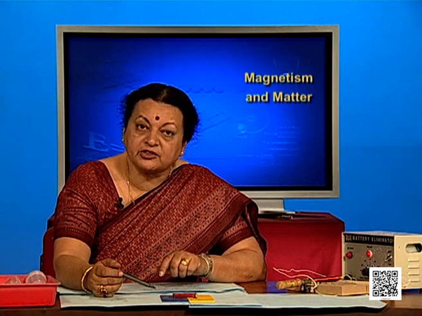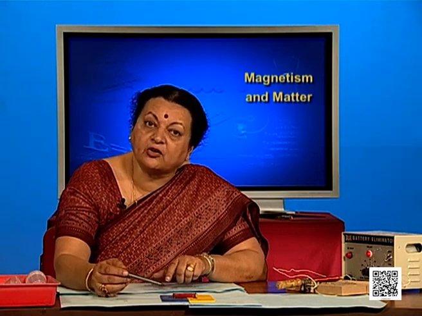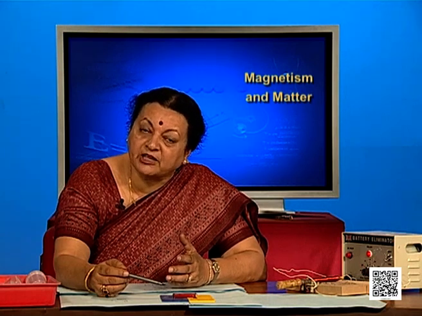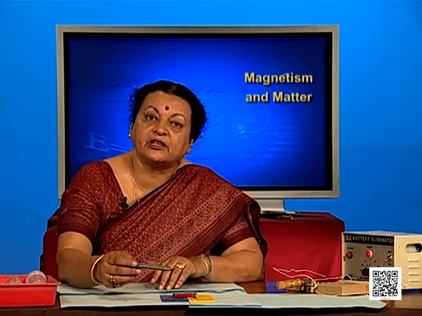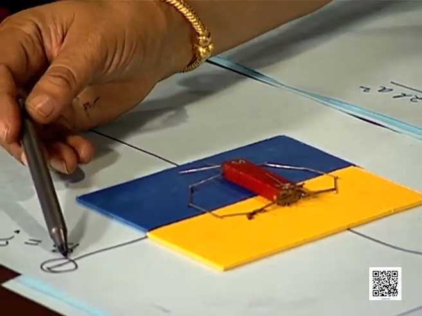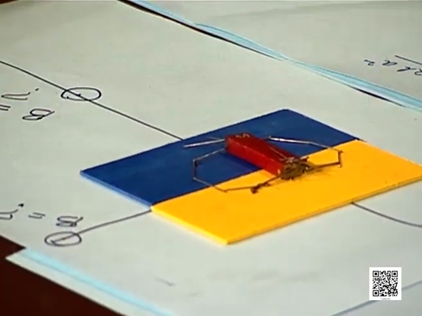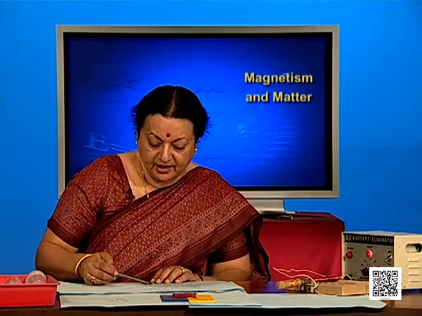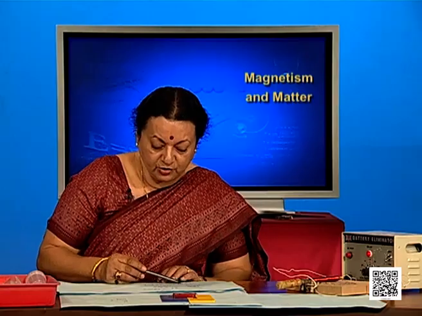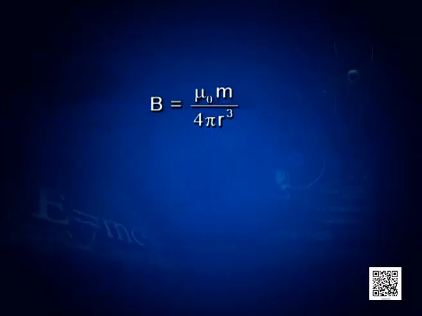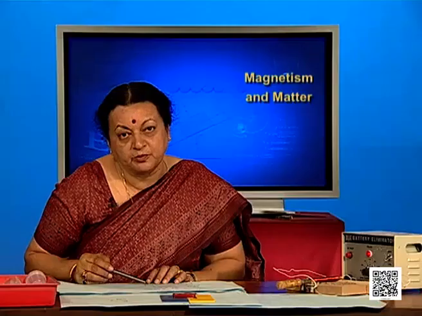But you must always remember that all dipoles are going to have much of their fields in the same pattern, and that is why you can conveniently predict the value of magnetic field along the equatorial line to be exactly half of that on the axial line. So, your value then becomes B is equal to mu naught m upon 4 pi r cube.